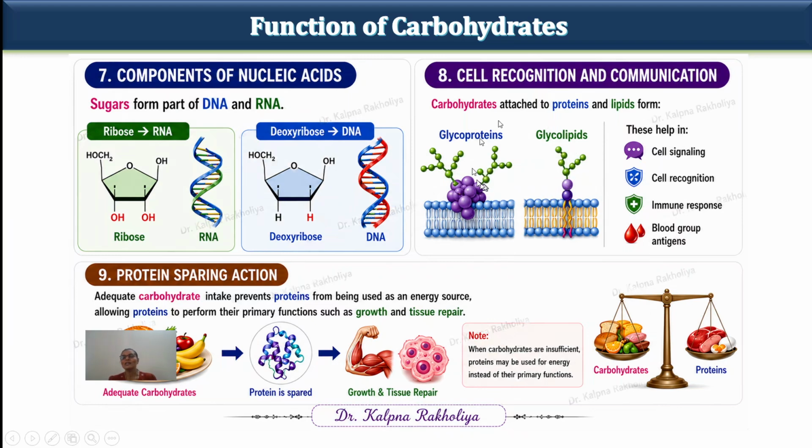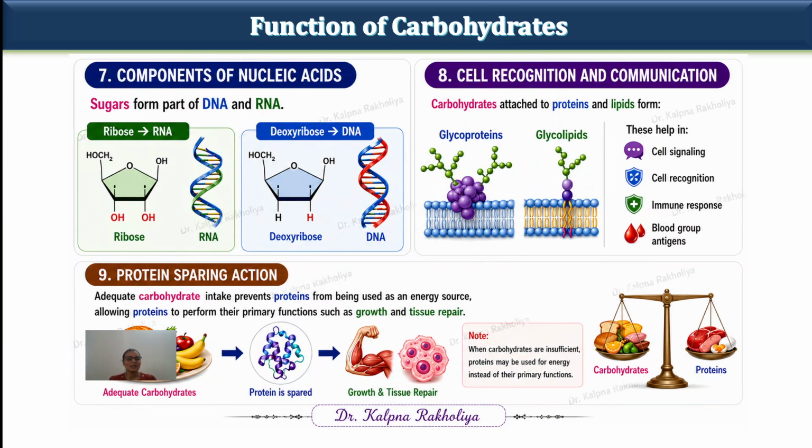Here, one cell communicates with another cell. It also acts as a receptor, so it is involved in cell signaling and cell recognition. It is involved in immune response, and blood group antigens are also present in the form of glycoproteins and glycolipids.